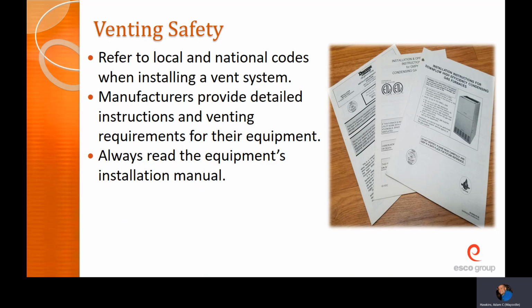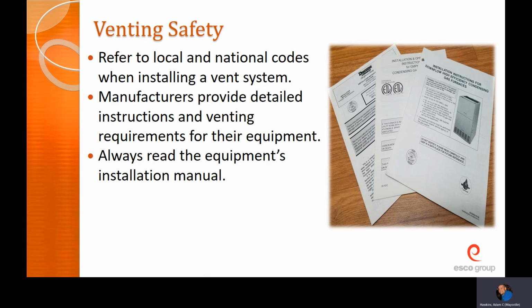So, as we've said before, always refer to manufacturer's literature and any other codes you have to deal with, local codes, national codes. For Journeyman Prep, we're going to talk about the IMC, which is the International Mechanical Code, and the NFPA 54, which is the National Fuel Gas Code book.